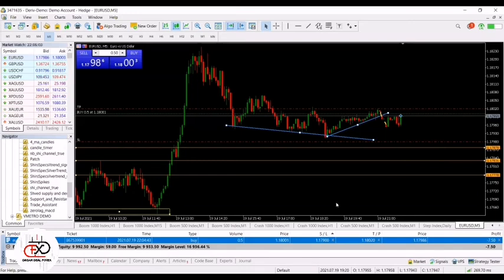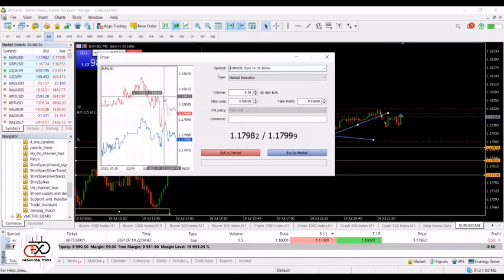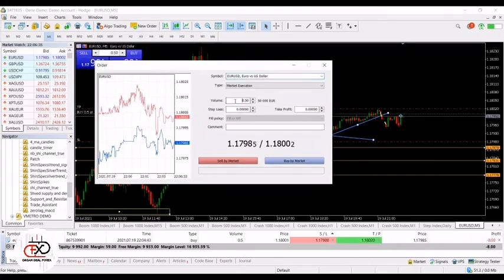Now, the next thing is, let's say I gave it to you, maybe buy Euro USD at 1.18020, and then the market is not there yet, but it's getting there, so you are making it a pending order. You come to new order here. So once you get to the new order, you see volume.